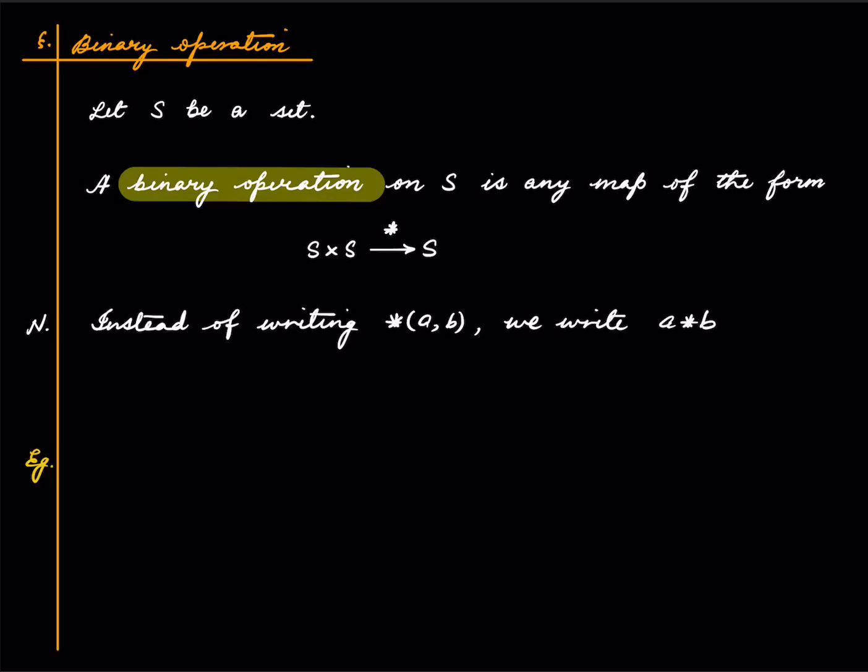Let us see at least one example. This addition function, which takes two real numbers and outputs a real number, is a binary operation. Addition of 2 comma 3 is 5, because 2 plus 3 is 5, and we do not write it as such, we write it as 2 plus 3.